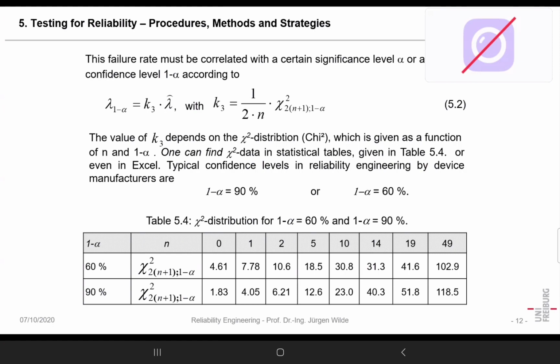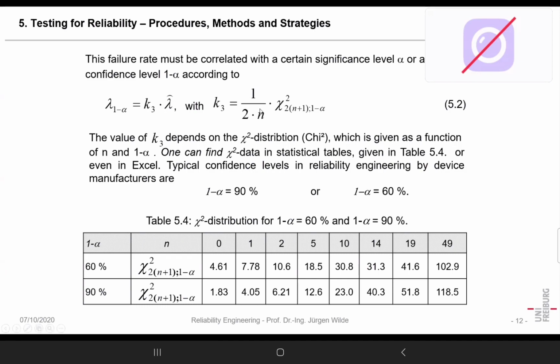On the other hand, we must say these test strategies which we have here are not so important, replacement or not, because generally the number of specimens is quite low. Yes. When you have a higher number, the number of failures is quite low and the number of specimens is rather high, then it doesn't make so much difference.